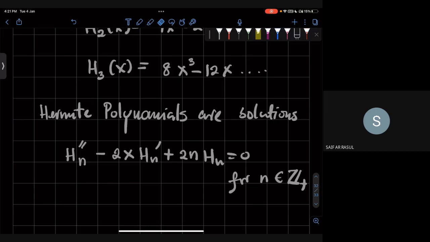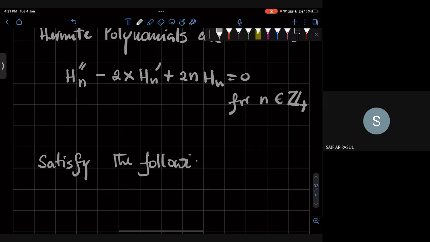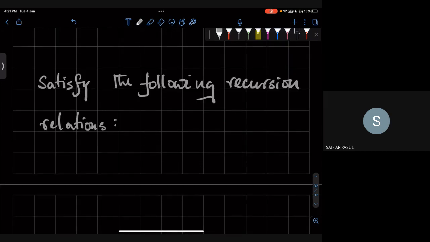The Hermite polynomials, it's not hard to show, satisfy the following recursion relationships.